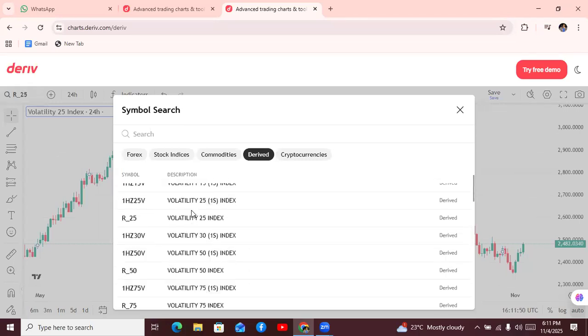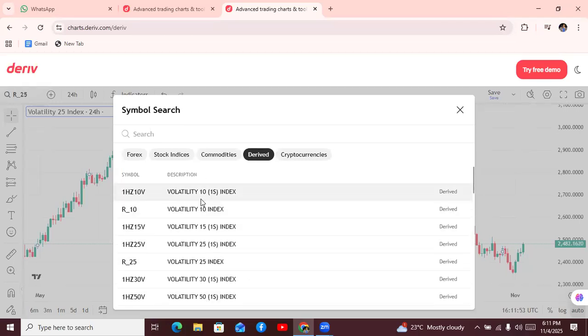So when we are trading, we either choose one and work throughout that one for a longer period of time, or we can check all of them so that we look for the one that gives us the best opportunity to trade.